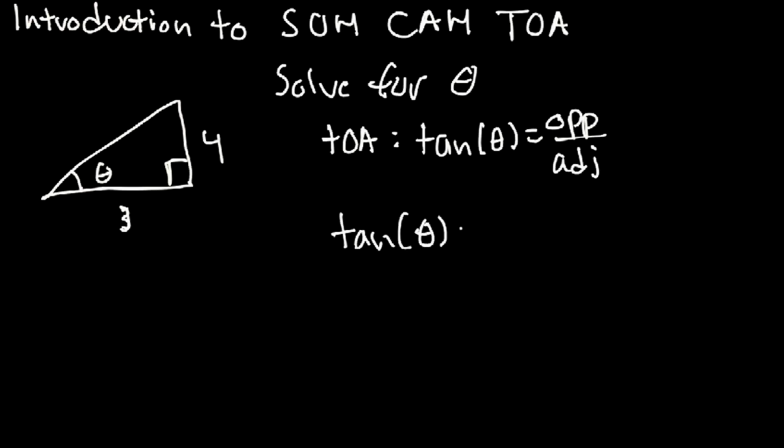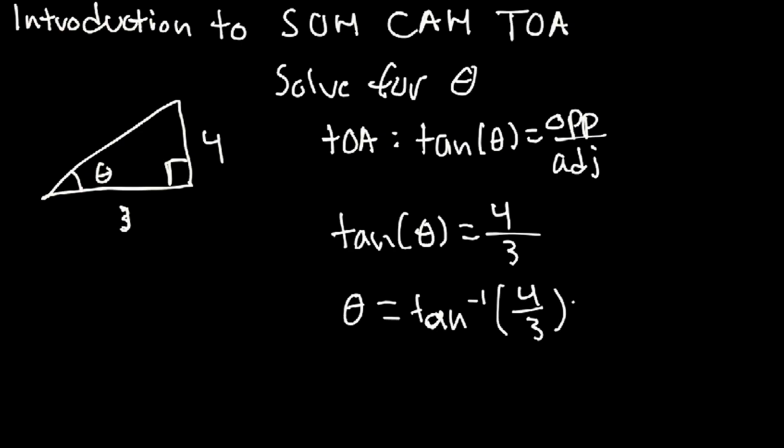Tan theta equals 4 over 3. Take the inverse now. Theta is equal to the inverse of tangent 4 over 3, or approximately 53.13 degrees.